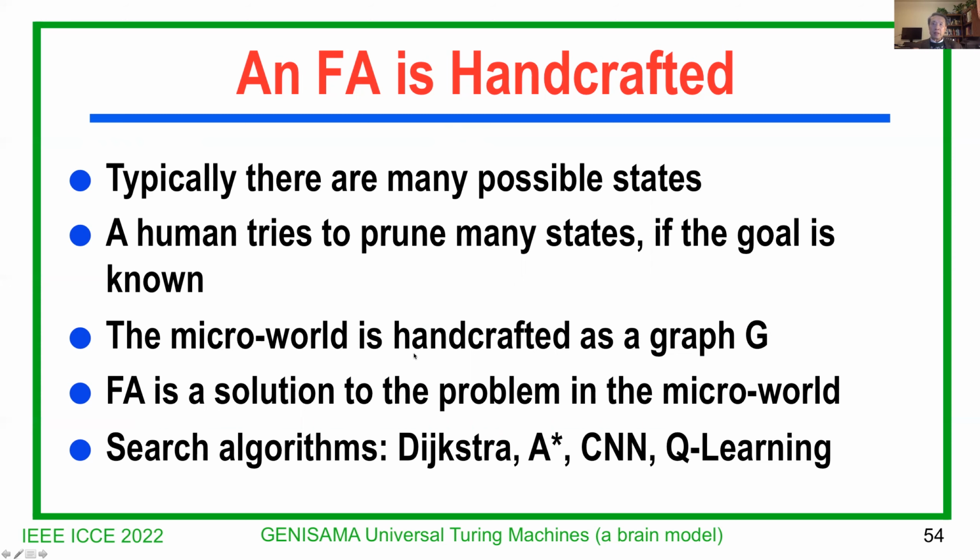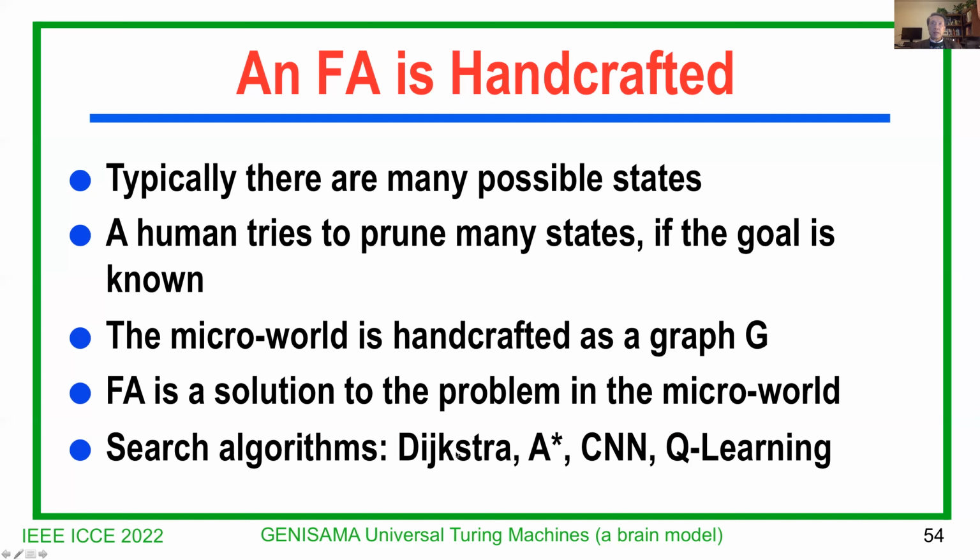All right, and symbolic AI will search for the solution basically, and search the graph like the Dijkstra algorithm, finding the shortest path. So you have diagrams that are controlled and handcrafted as a graph by a human, then the algorithm will search for a solution. All right, and the FA is a solution for the problem in a search in the micro world, and the search algorithm can use Dijkstra or A star.